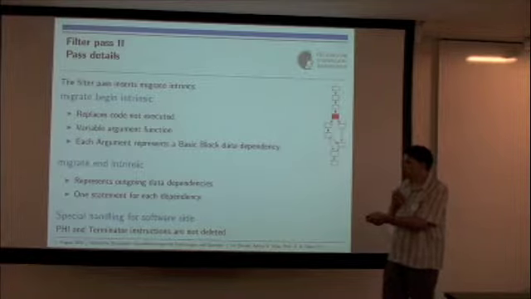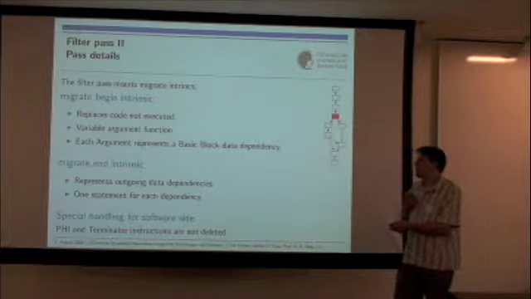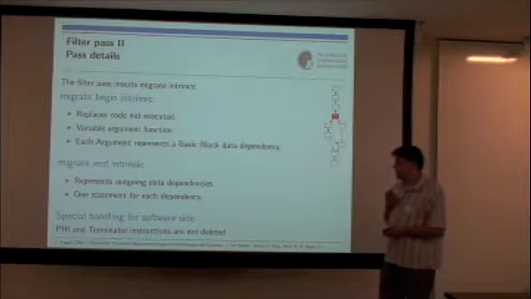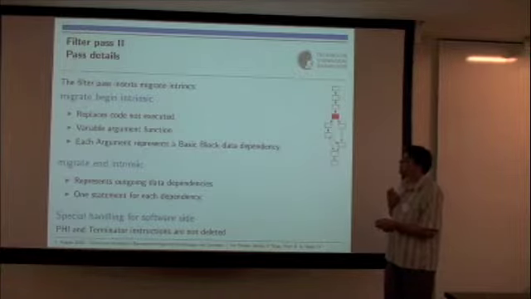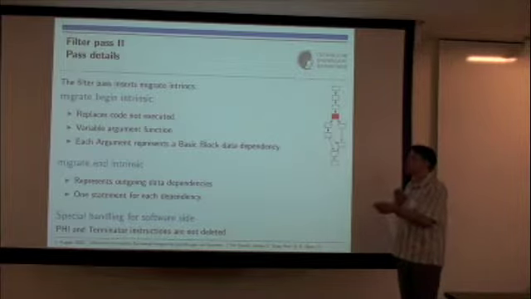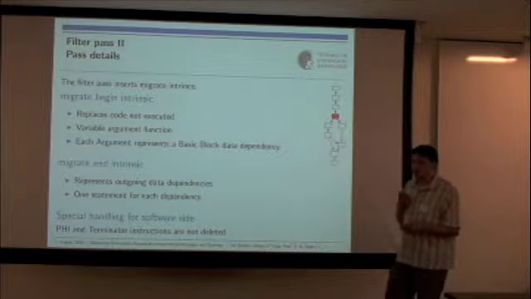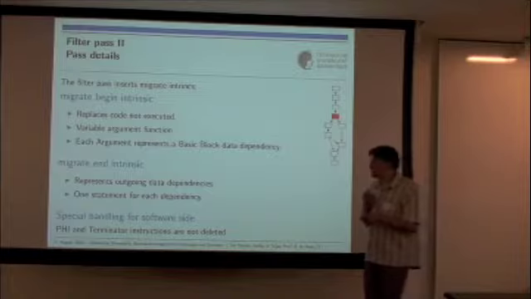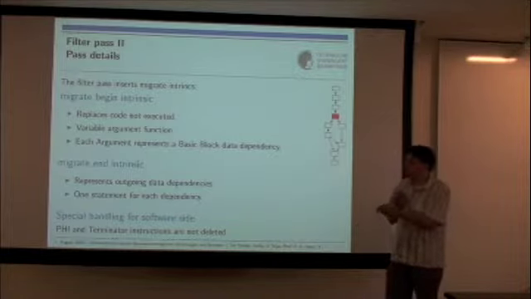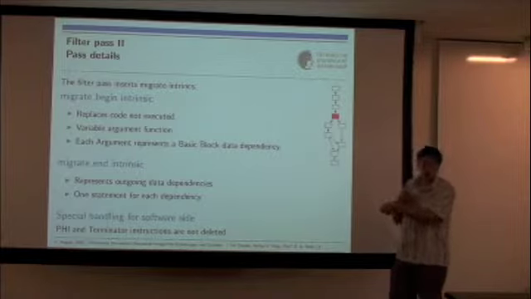But right now we have multiple of these. Each migrate end intrinsic represents outgoing data dependencies, and the software backend handles the migrate begin intrinsics completely, which means there are pretty minor changes to the software side to integrate the interface between software and hardware.